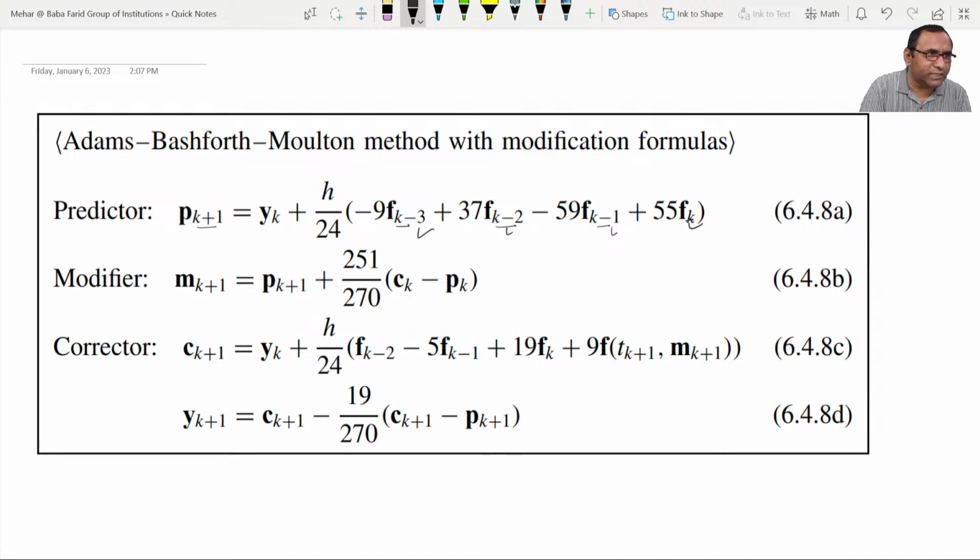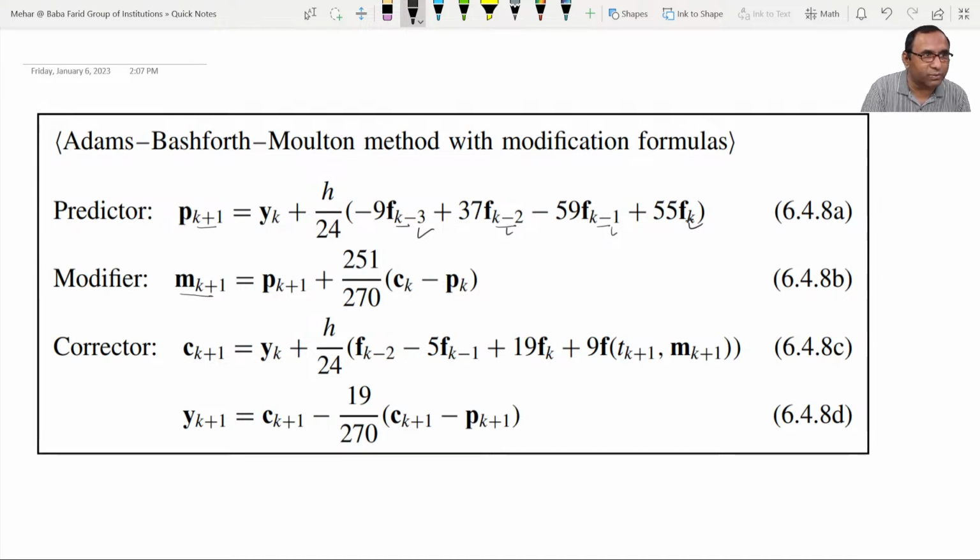Then this is the modifier. This will modify the value, which is m_{k+1} = p_{k+1} + 251/270 (c_k - p_k). And then we have the corrector, which is c_{k+1} = y_k + h/24 (f_{k-2} - 5 f_{k-1} + 19 f_k + 9 f(t_{k+1}, m_{k+1})).